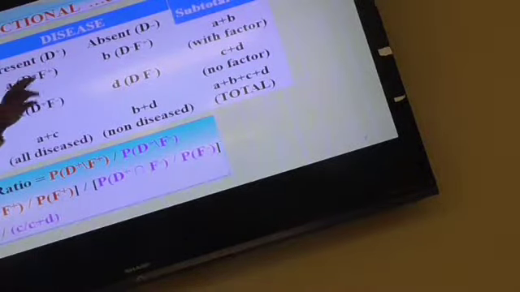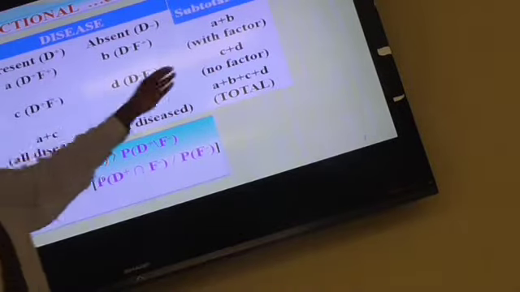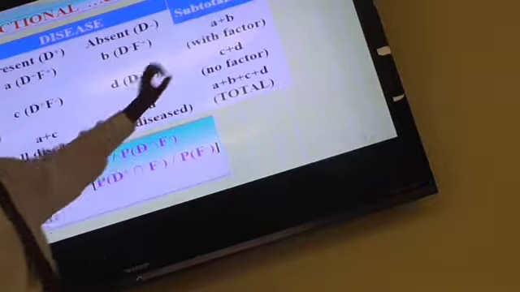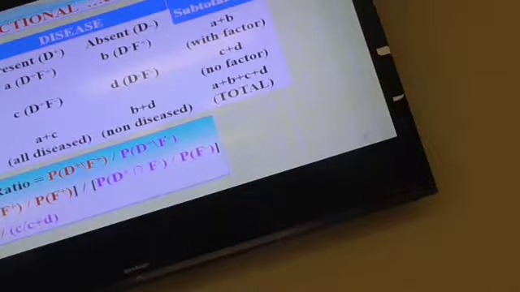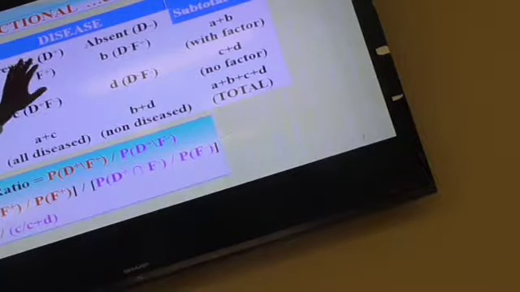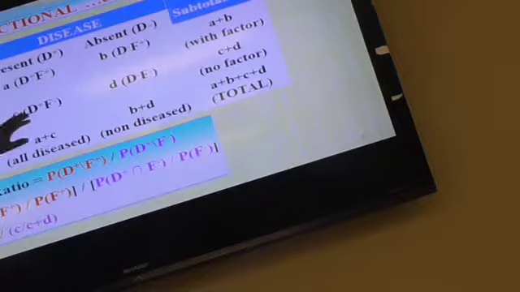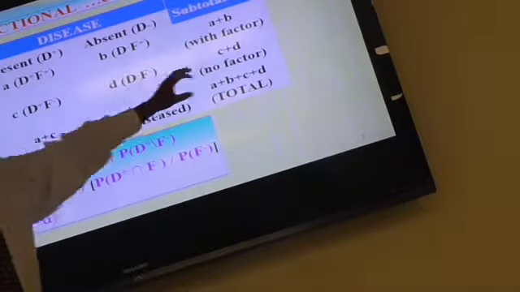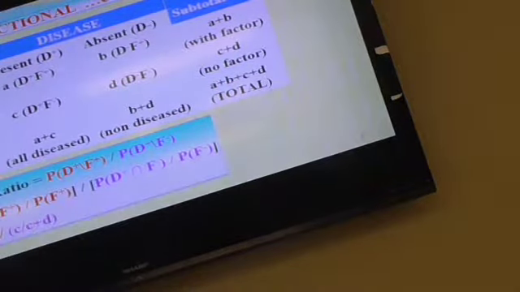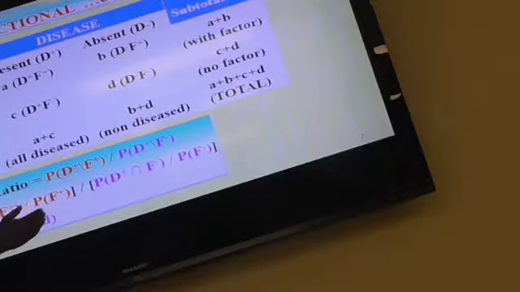So it's A over A plus B, and C over C plus D. This is the prevalence of the exposed group, and this is the prevalence of the non-exposed group.